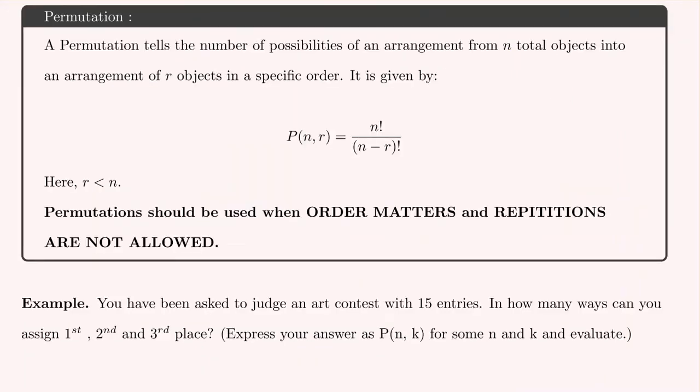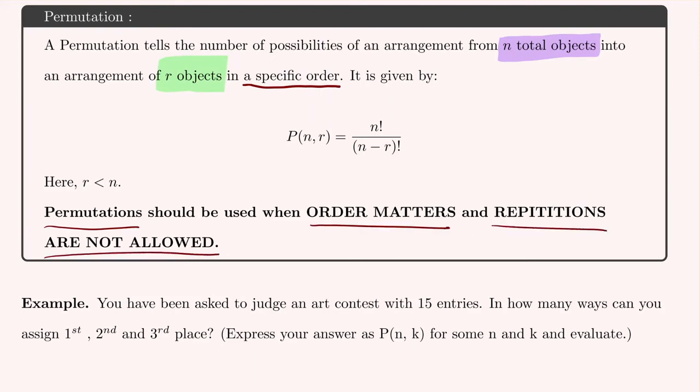So a permutation tells the number of possibilities for an arrangement from n total objects into a smaller collection of r objects, and one thing we need to note here is in a specific order. So for permutations, we need to say order matters and we can't repeat. That's the thing that you need to link.